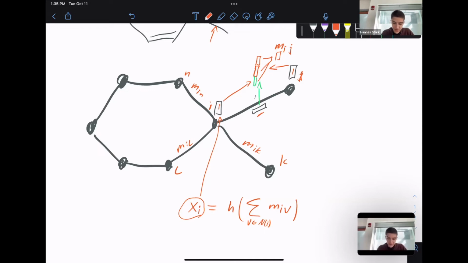So this way, we have constructed a single graph neural network or message passing neural network layer, which is a graph neural network. And we just repeat that a bunch of times.